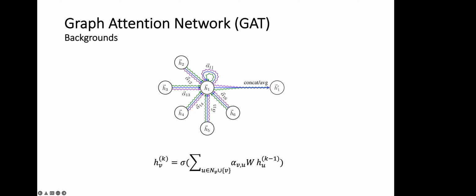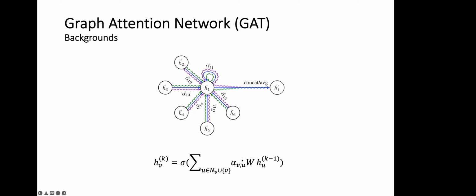We can first look at the figure here. For node 1, its node representation vector is H1. We will use the attention mechanism to calculate the scores for this node and all its neighbors. So we get the attention score alpha for each node.